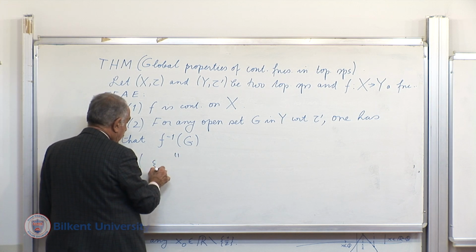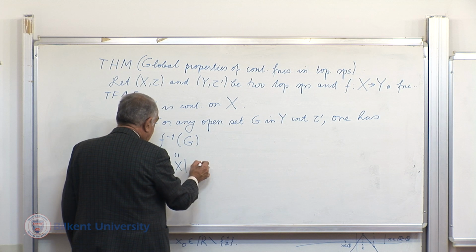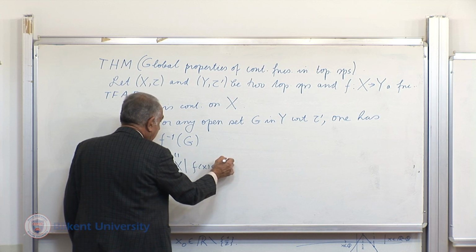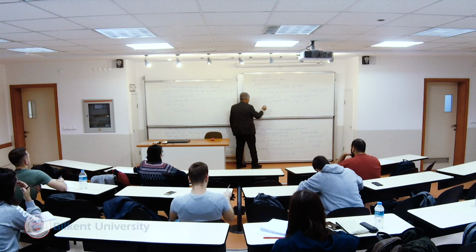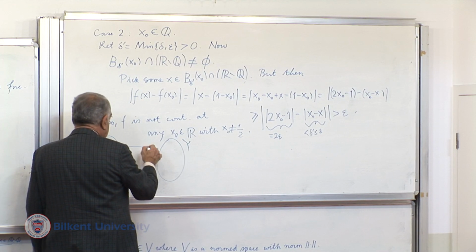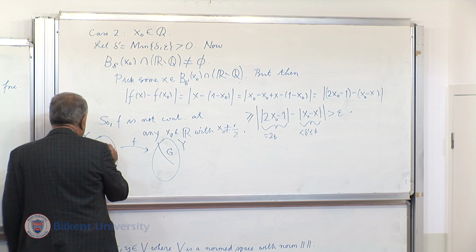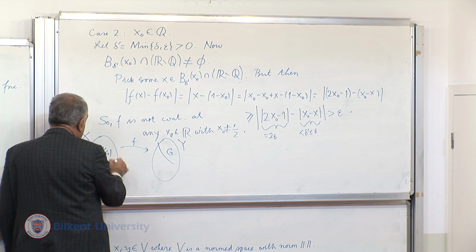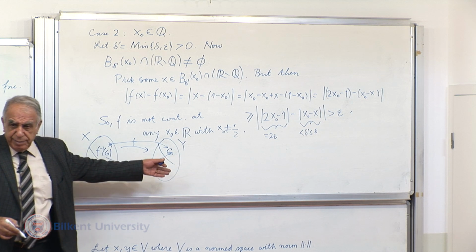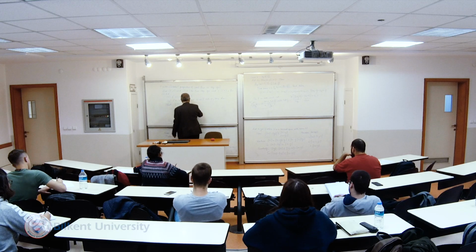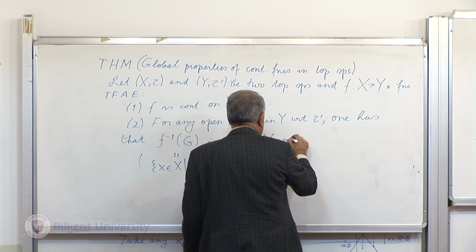This is just those points x in X such that f of x is in G. That is, here we have X, here we have Y, this is f, here we take some G, any subset of this, then f inverse G is the collection of all points which are mapped under f to some point in G.